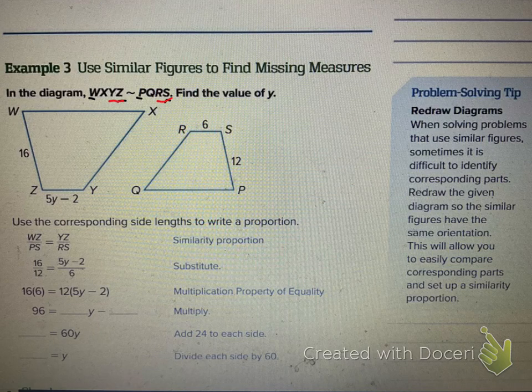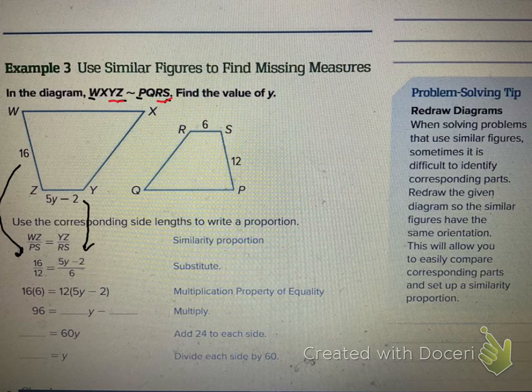So that was 16 over 12 equals 5Y minus 2 over 6. You notice the figure to the left, both those numbers are in the numerator. Figure on the right, the 6 and the 12 are in the denominator, matched up with their corresponding side.